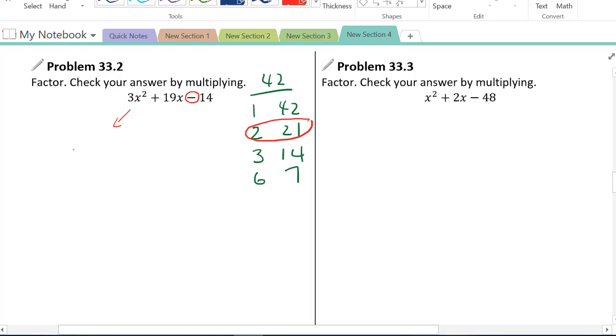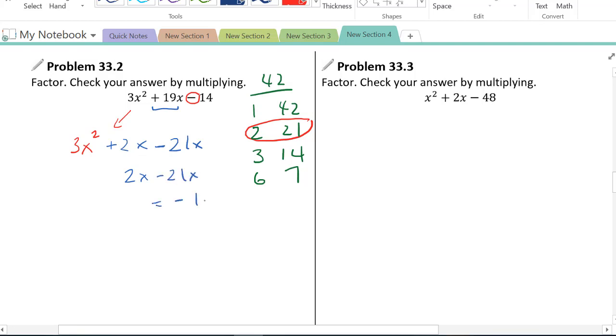So what I do, I'm going to rewrite the first term, 3x squared. Now the question is, how do I make a positive 19 using 2 and 21? Well, you have to think a little bit, right? Let's say I thought about using a plus 2x and a negative 21x. What is 2x minus 21x?